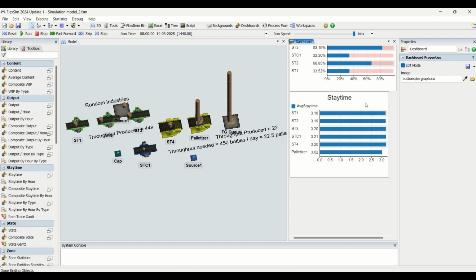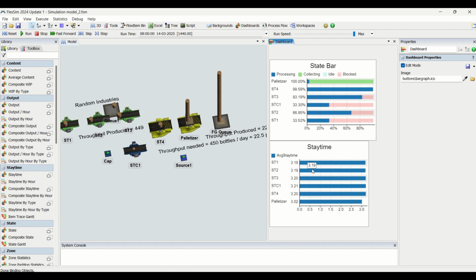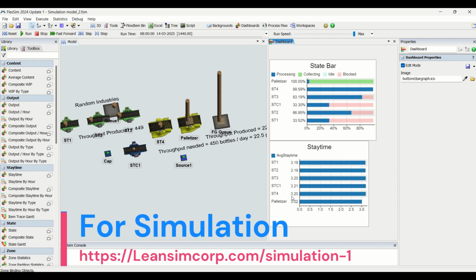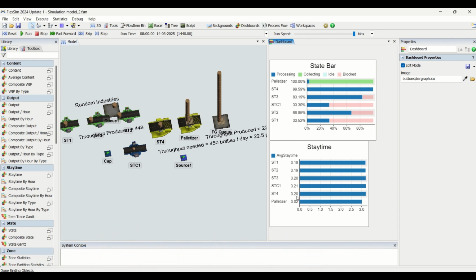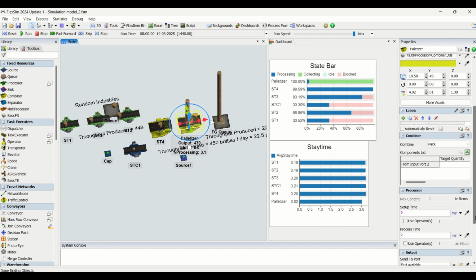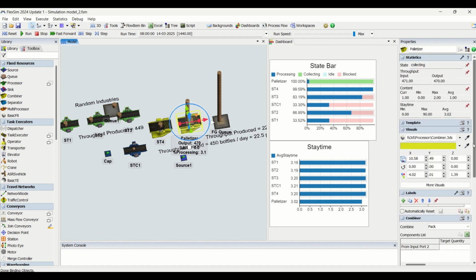Now if you look at ST4, it is 99.59% utilized, and the cycle time is 3.20. When we look at STC1, which is 33% utilized, the average stay time comes to be 3.02.